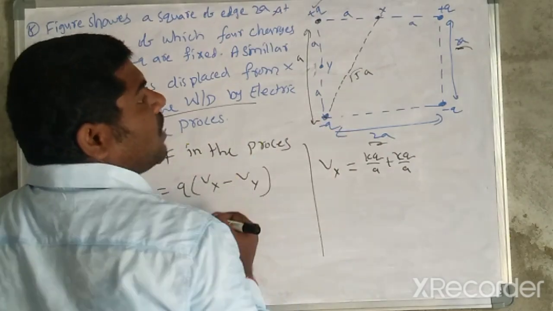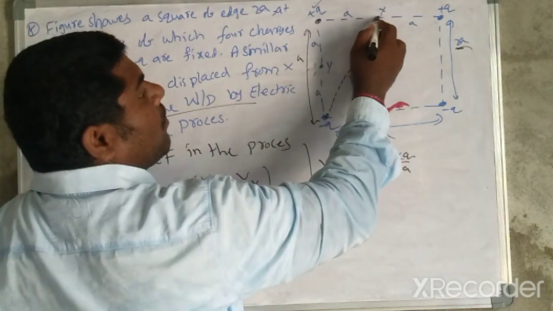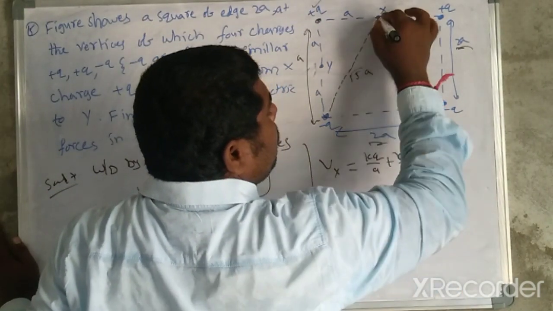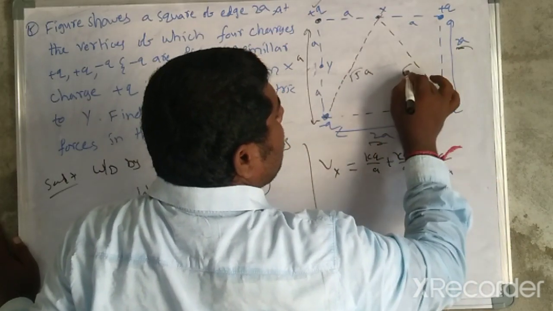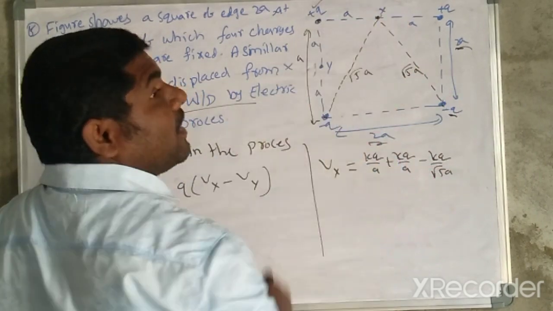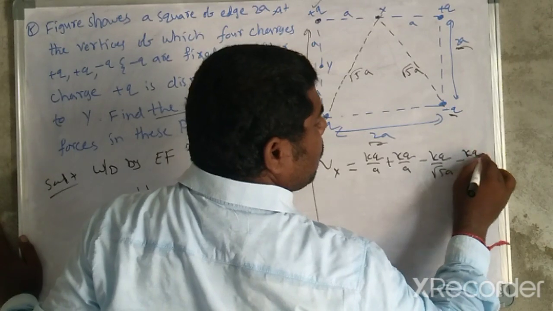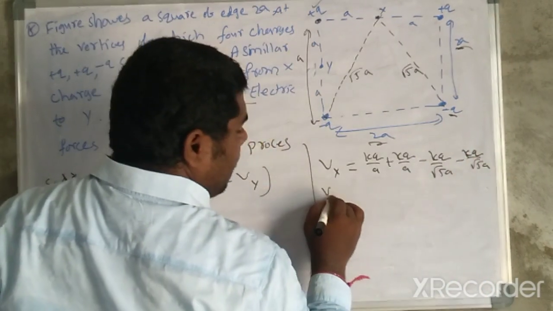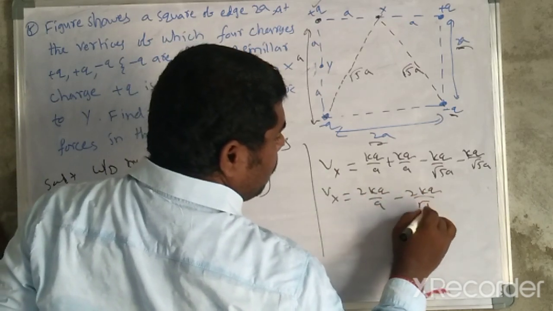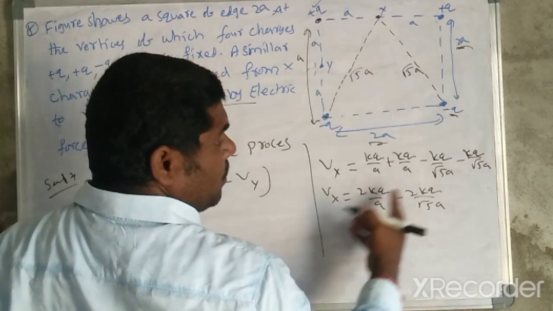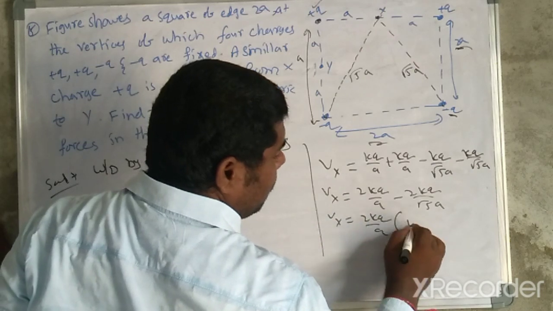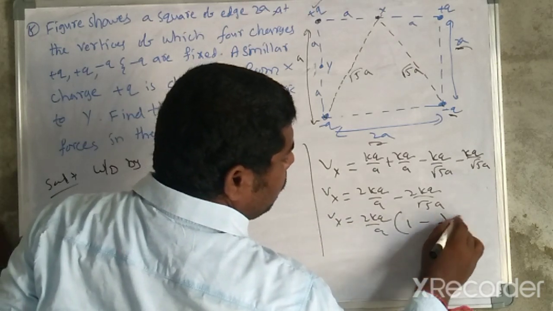Due to this minus q charge, the potential at point x is minus kq by root 5 a. Due to this one also, root 5 a. Total at x is 2kq by a minus 2kq by root 5 a. Take out common 2kq by a. So Vx is equal to 2kq by a into (1 minus 1 by root 5).